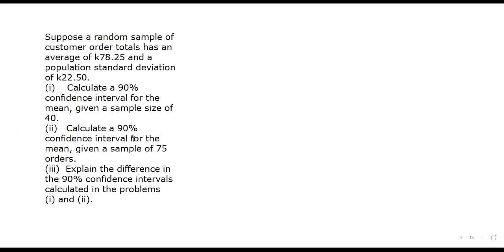Do a 90% confidence interval given a sample of 40. So what are we given here? 78 is what? X bar. Then 22.5 is our what? Standard deviation.